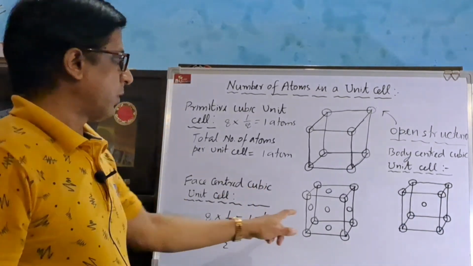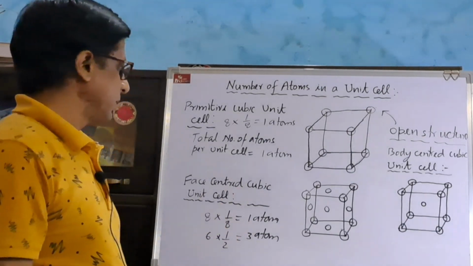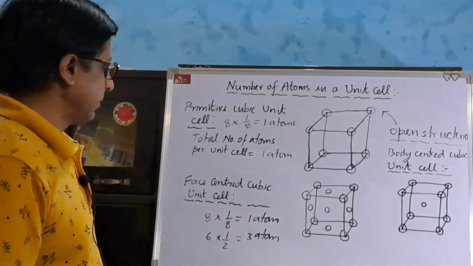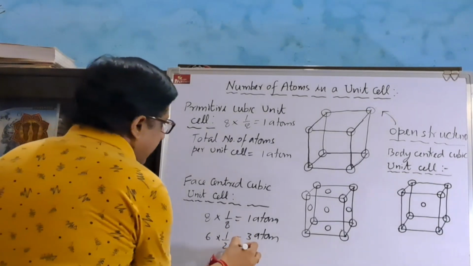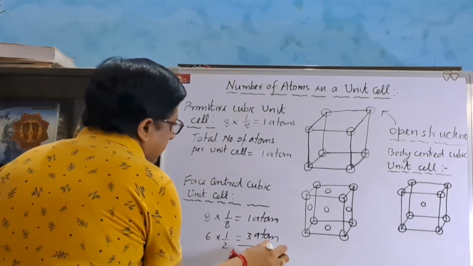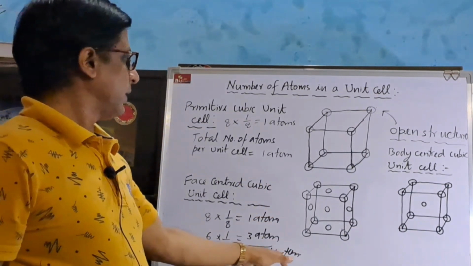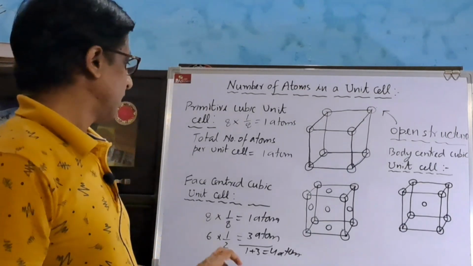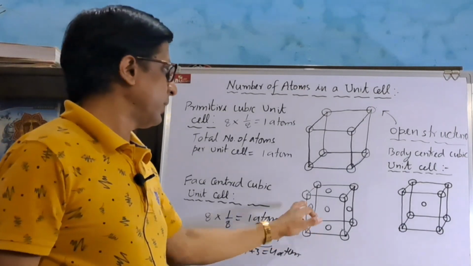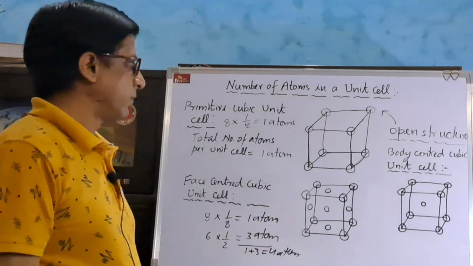The contribution of face-centered atoms to a particular unit cell is 3 atoms. Therefore the total number of atoms is 1 plus 3, which is 4 atoms per unit cell in case of face-centered unit cell.